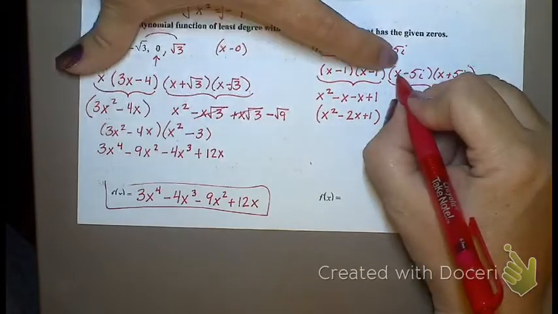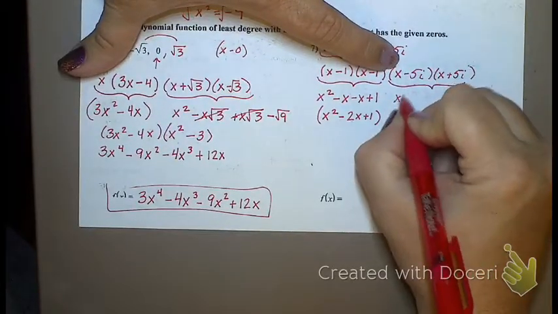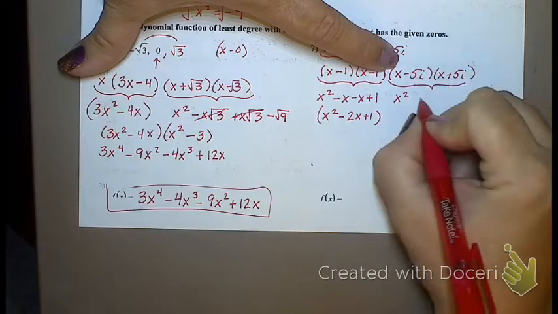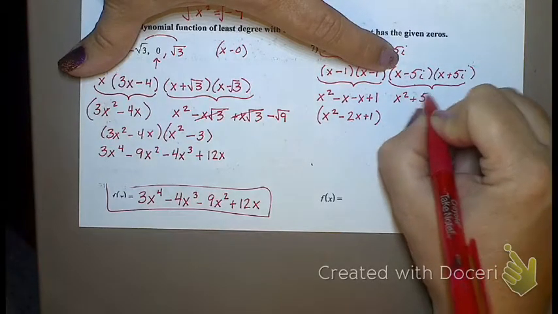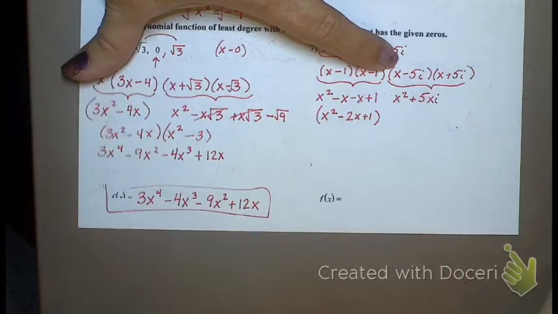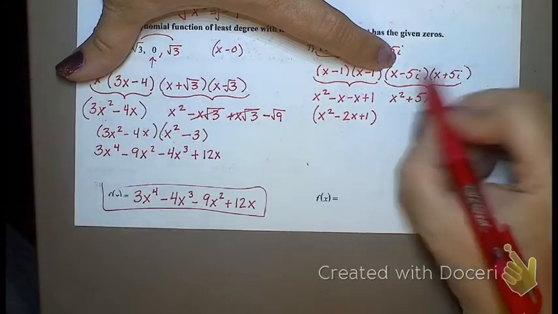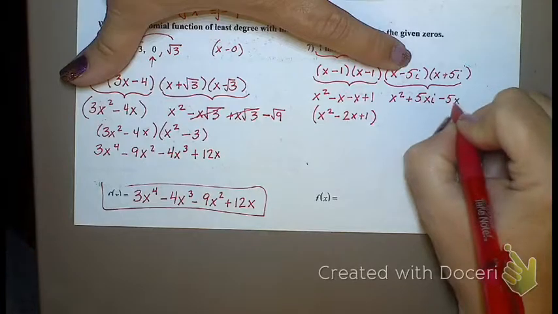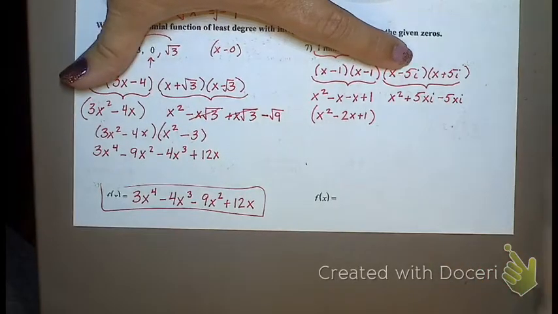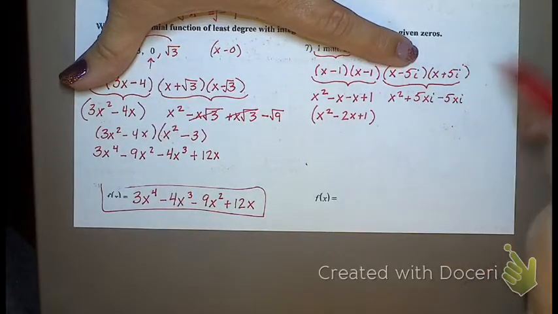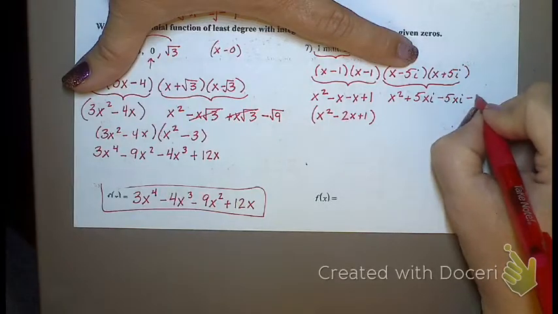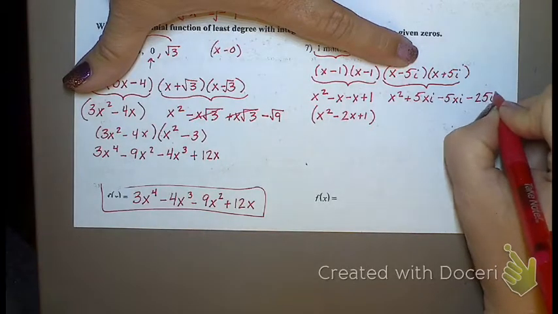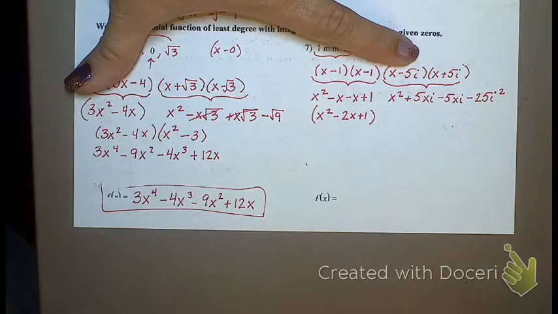And over here, x times x is x squared. X times 5i, 5ix or xi, doesn't matter. Negative 5i times x, negative 5xi or ix. And negative 5i times positive 5i would be negative 25i squared.